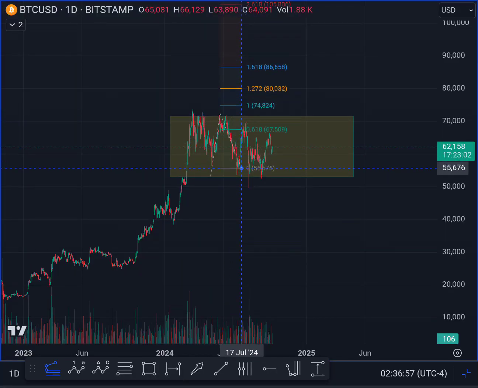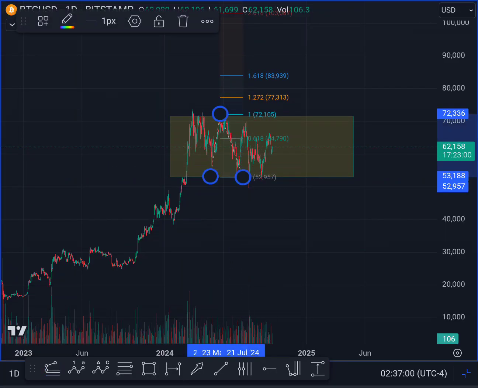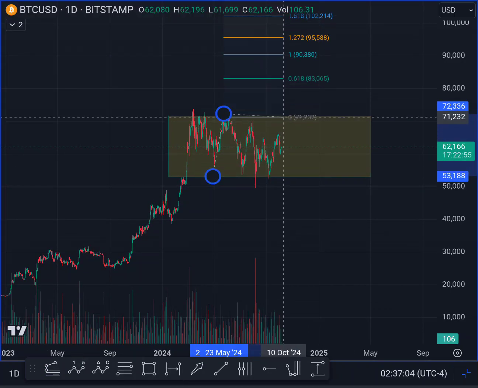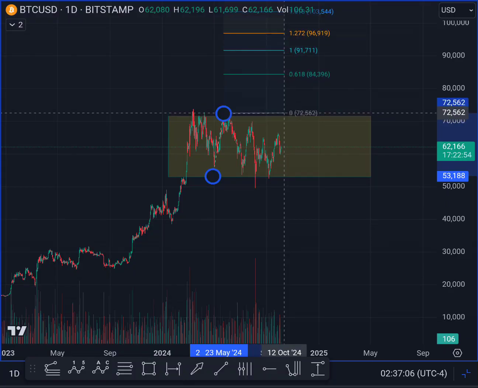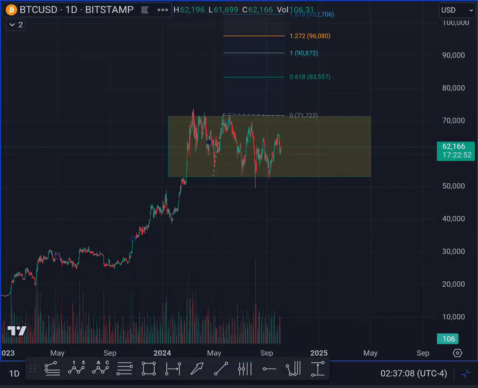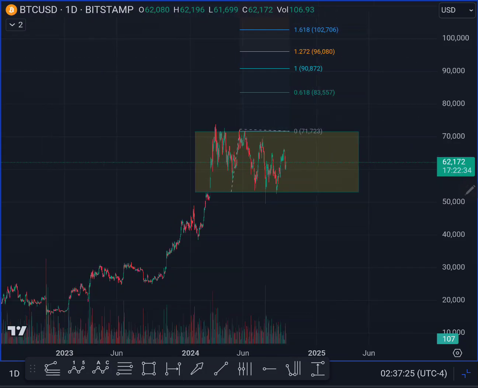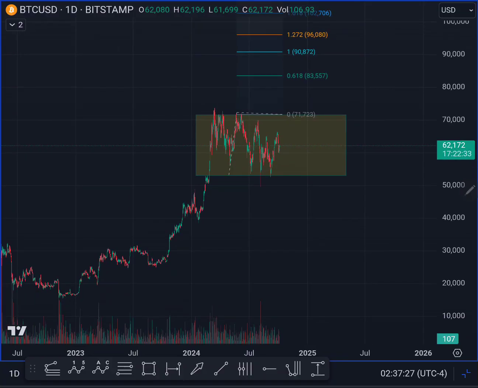That's like a minimum target for an upthrust after distribution. Oh, I brought it all the way down. We're just measuring the range and projecting from the top of the range, which gets you to 90,000. That's just the height of the range projected up. Your target's 90,000 for an upthrust after distribution, and that'll grab all this liquidity and then come back down into some kind of bear market or crisis.